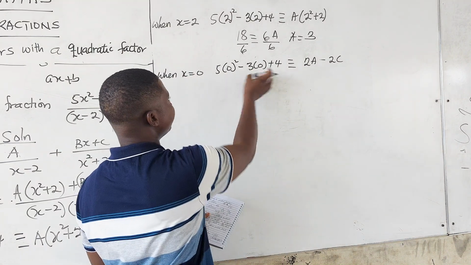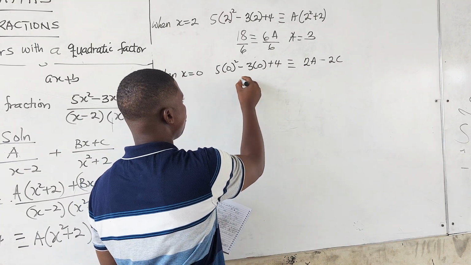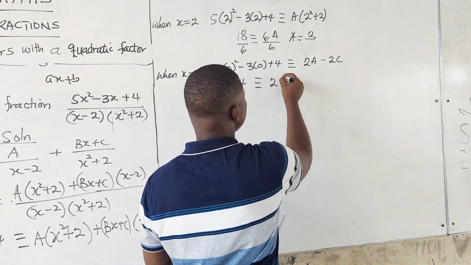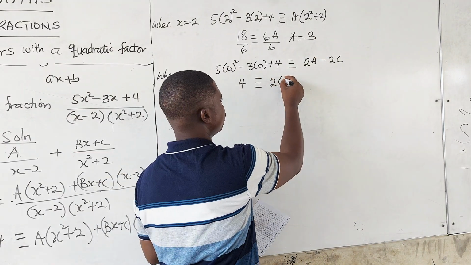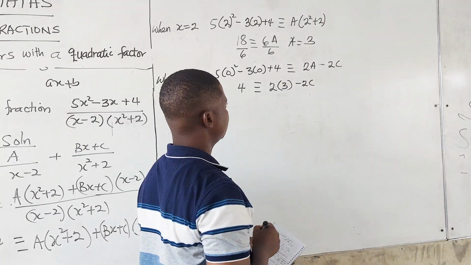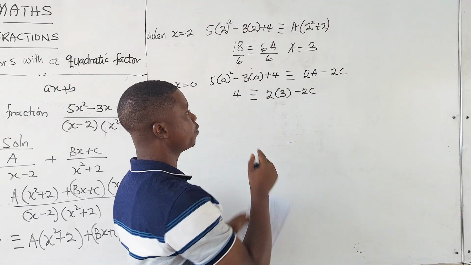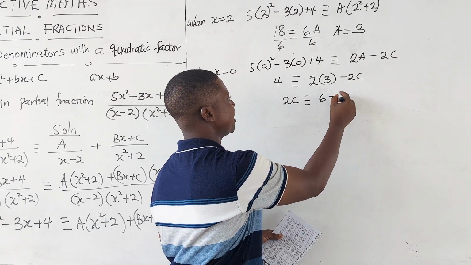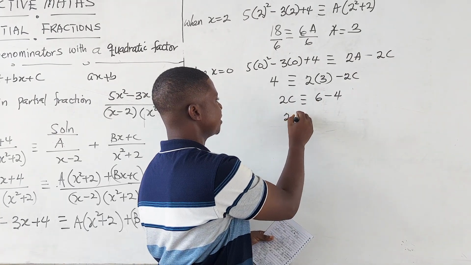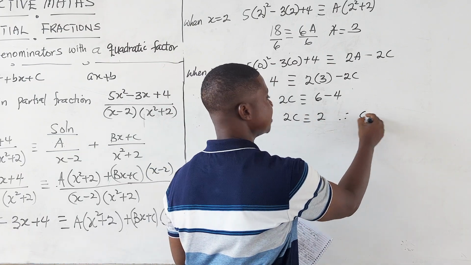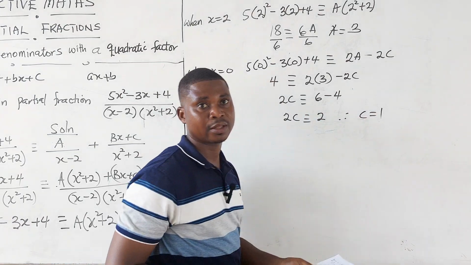So now I have this side to be 4, because this is 0, this is 0, 4 to be equivalent to 2A, and A is 3, so 6 minus 2c. So now I can find my c by grouping them. So 2c is equivalent to 6 minus 4. So 2c is equal to 2. So therefore my c will give me 1.